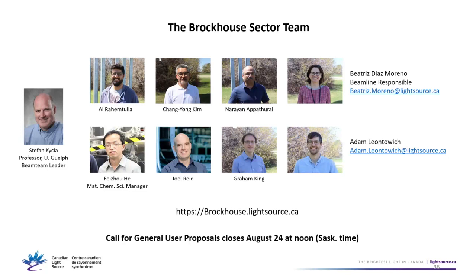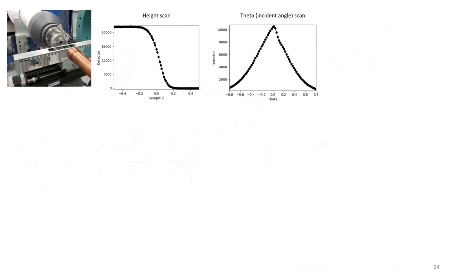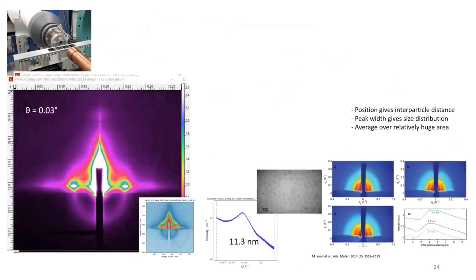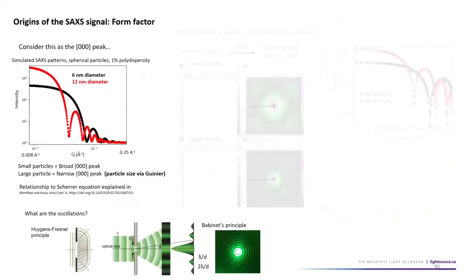Second question is, which software will you recommend to Fourier transform the Q space to the pair distance distribution function? Oh, that you can use Irena from the APS. That was the one I showed.